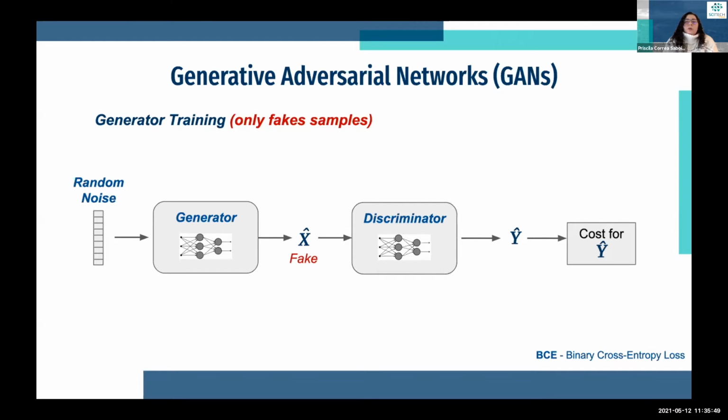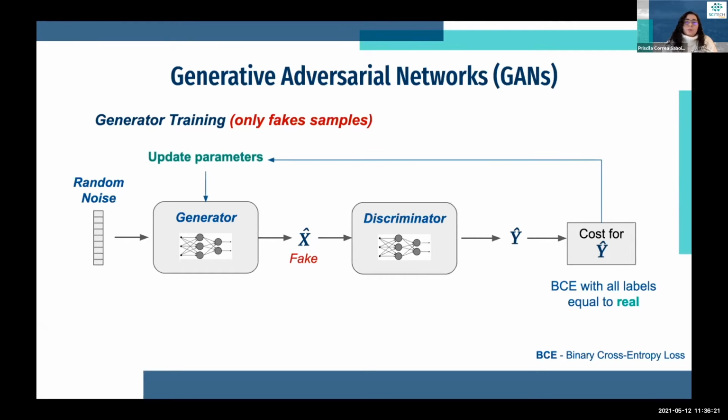So in this phase when the generator is learning, we will have the feedback from the discriminator, and in this case we will set all the labels to real, even though we are giving as an input for the discriminator a fake image, because the generator wants to fool the discriminator. So we will set the class to real. So with that, we update the parameters of the generator.